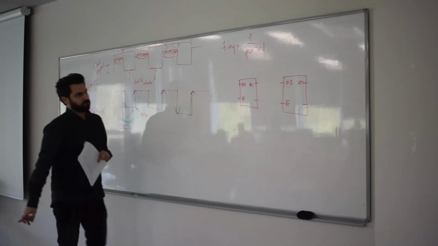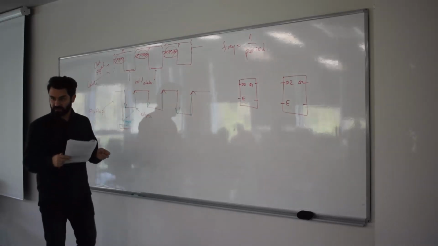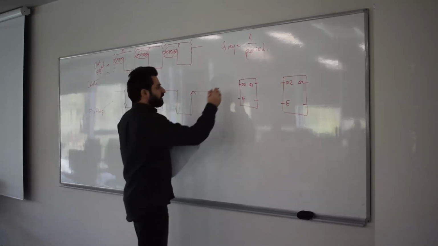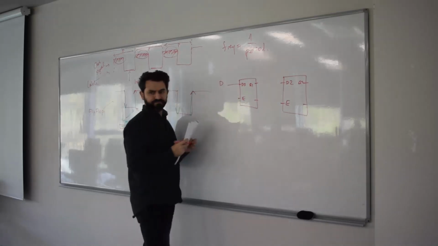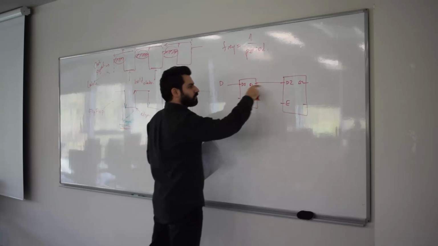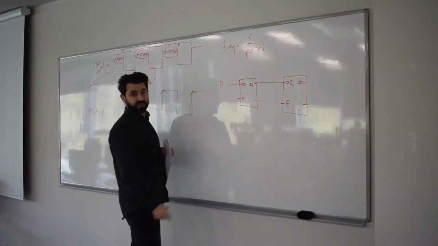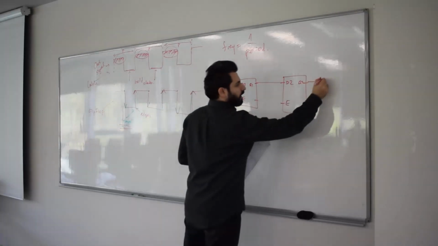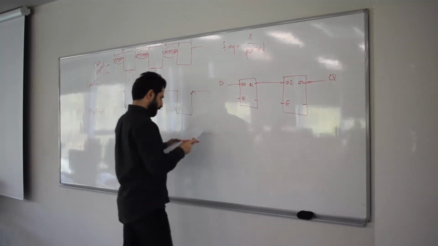All right, so there are 2 D latches now in my design. I'm going to connect the D here, and the output of this one connected directly to the input of the second D latch. And this is my Q, okay?